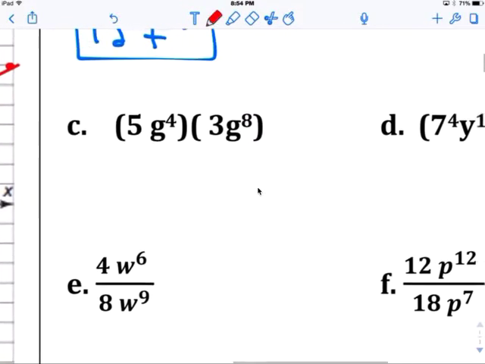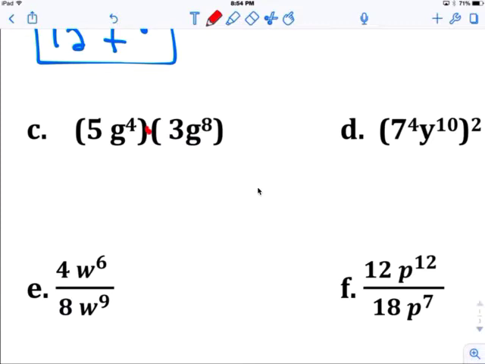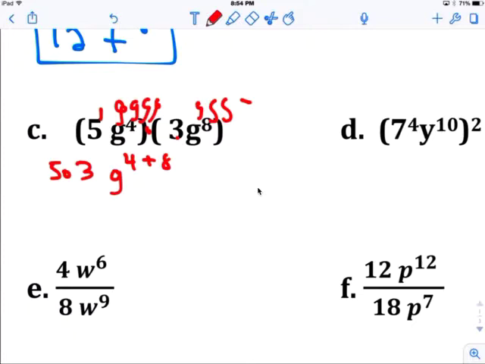So it's asking you basically, how many 5s are there? There's only one 5. How many 3s are here? There's only one 3. There's 4G here and 8G here. We don't want to write it, so we just say there's 4G and there's 8G. We're going to add it all up, right?